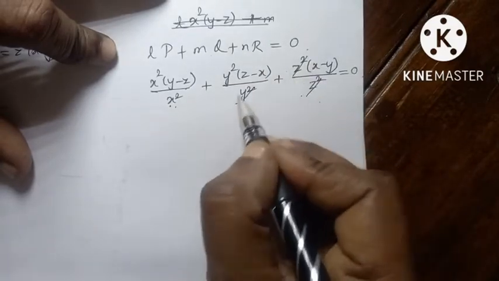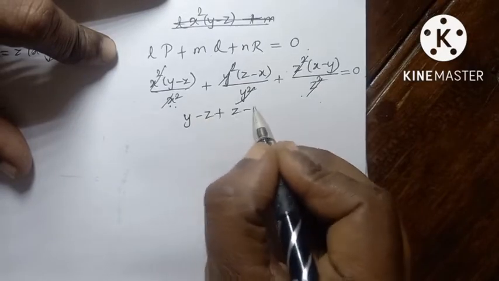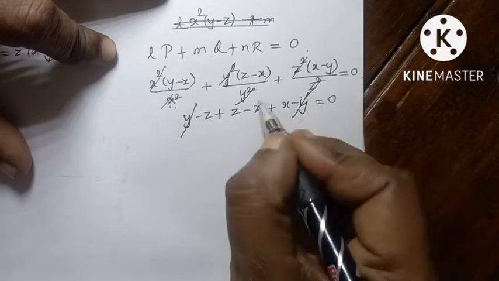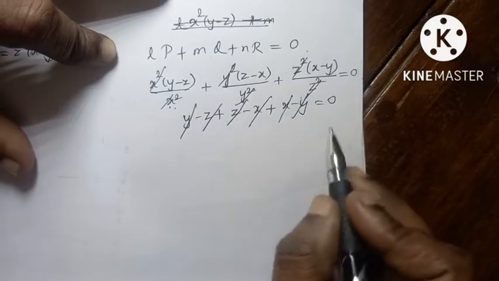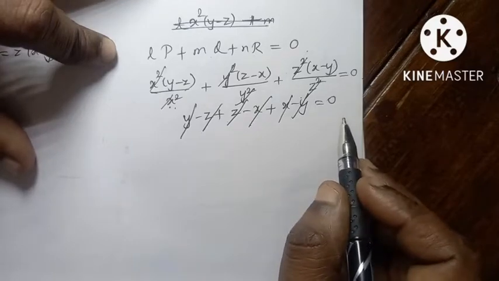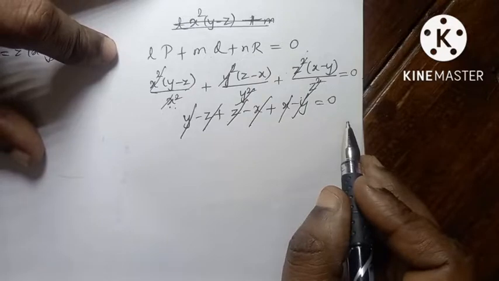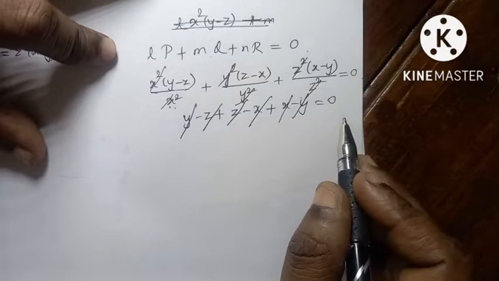You can see these get cancelled. y minus z plus z minus x plus x minus y: y gets cancelled, z gets cancelled, x gets cancelled. See? 0. So we have to think and do. If we do more problems, at some stage you will definitely guess what l, m, n can be. So through practice, you will guess l, m, n.